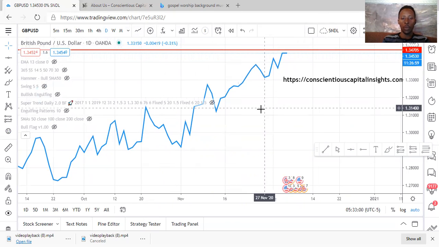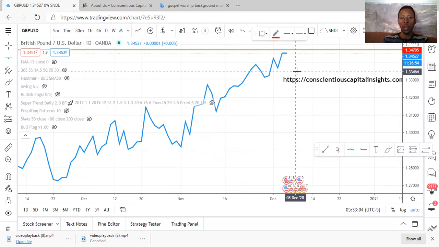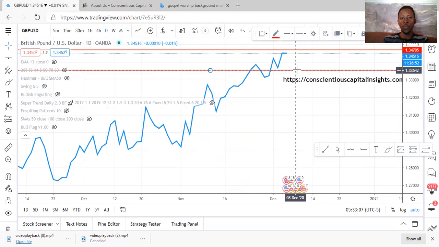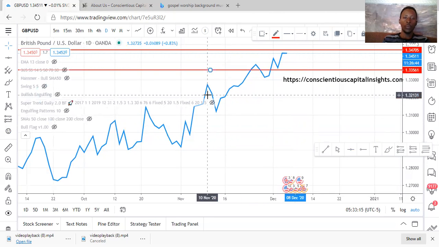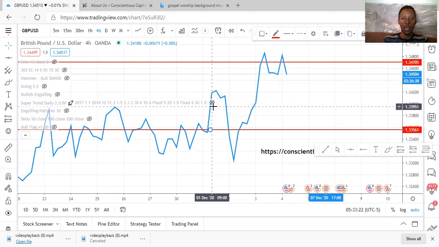And next we get the most recent low here. And we move to the 4-hour time frame, see what we can get.